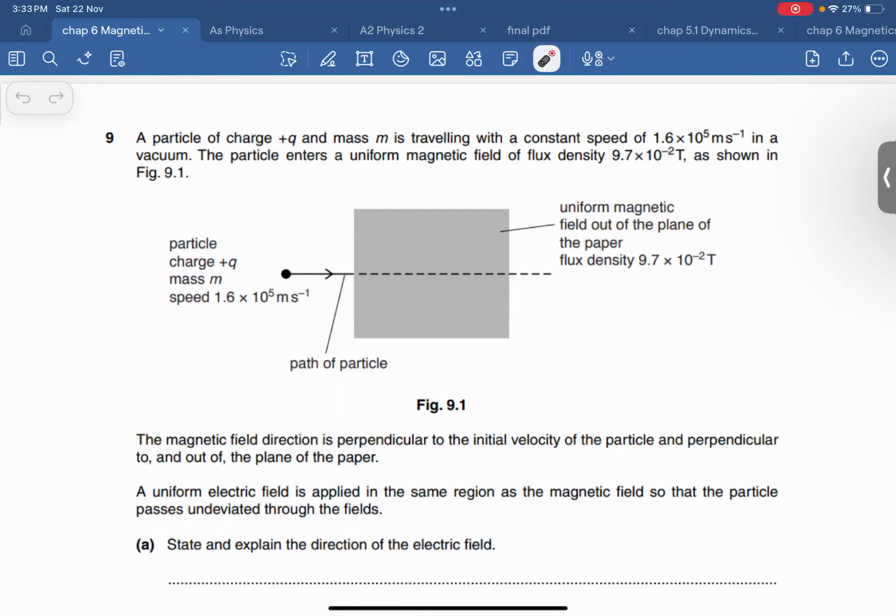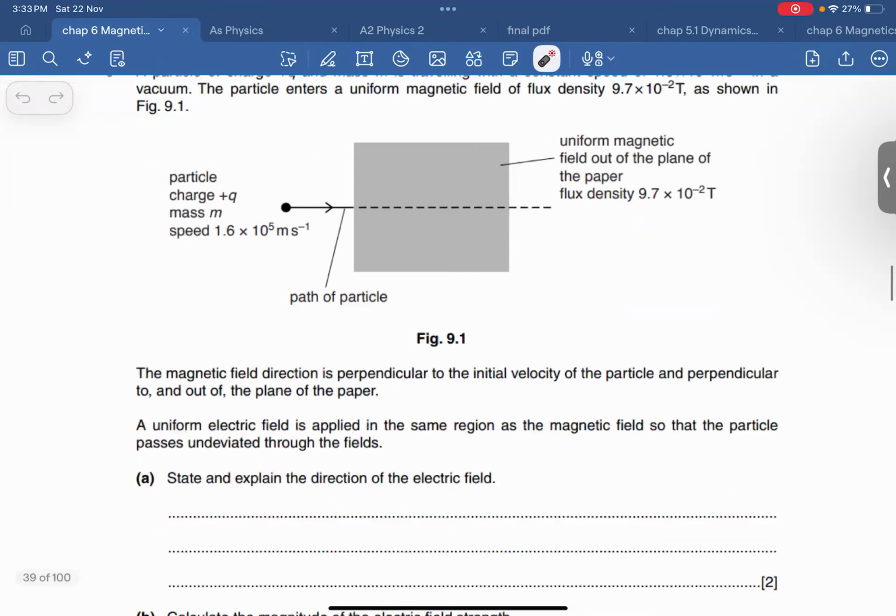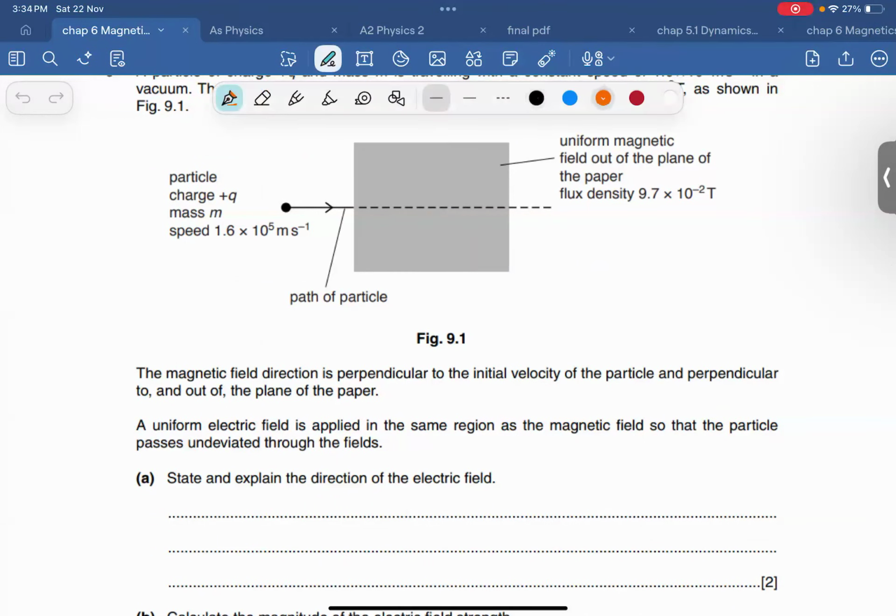The magnetic field direction is perpendicular to the initial velocity of the particle and perpendicular to and out of the plane of the paper. A uniform electric field is applied in the same region as the magnetic field, so that the particle passes undeviated through the fields. State and explain the direction of the electric field.